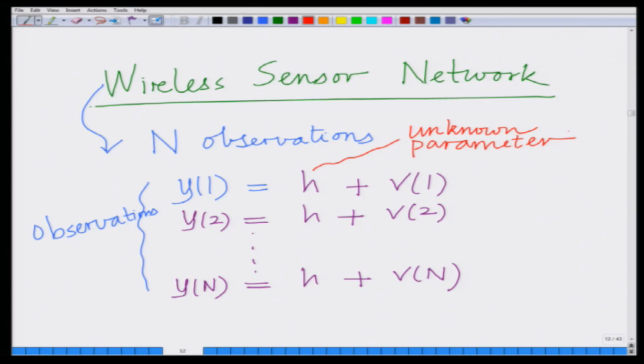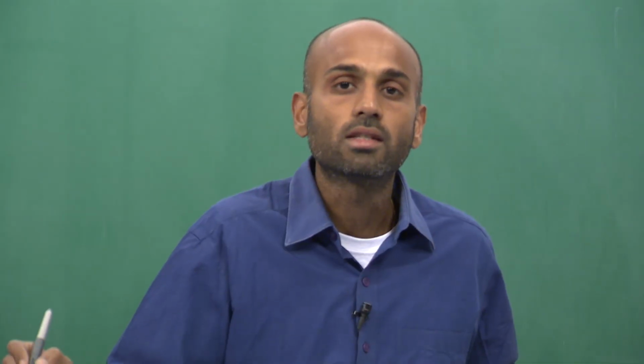H is the unknown parameter, and these V1, V2, Vn are IID, that is, independent, identically distributed Gaussian noise samples with mean 0 and variance sigma square.